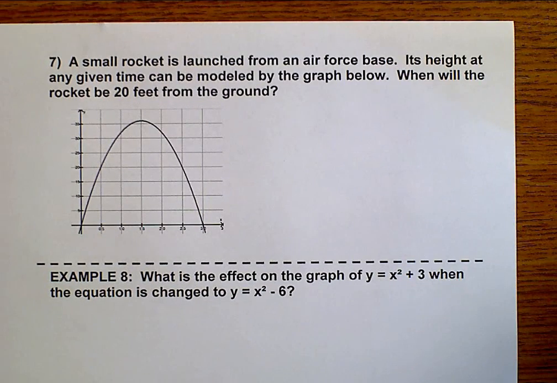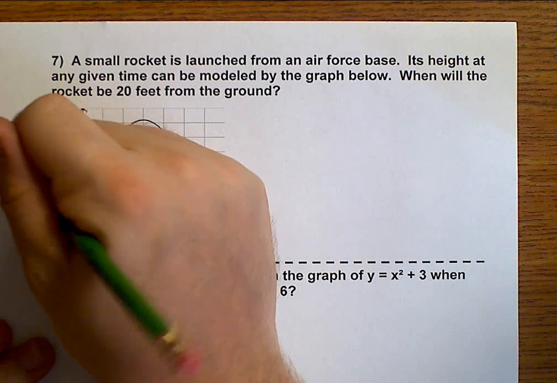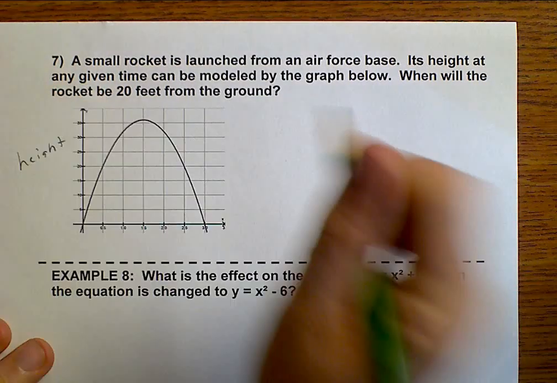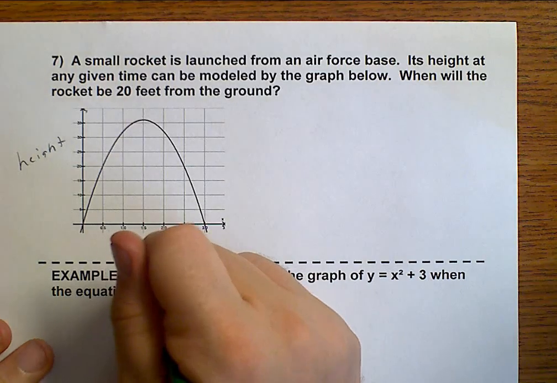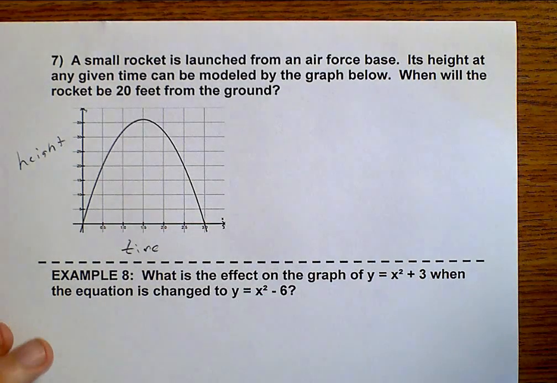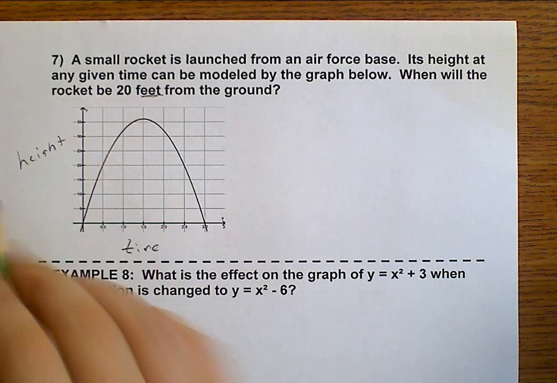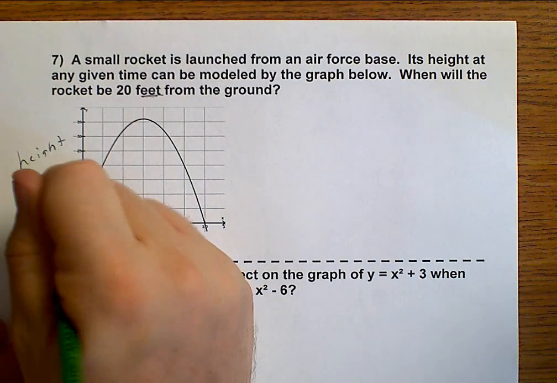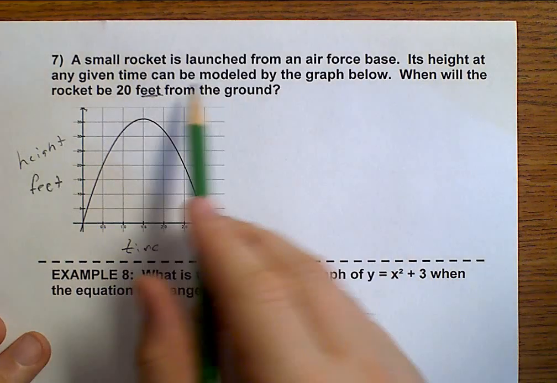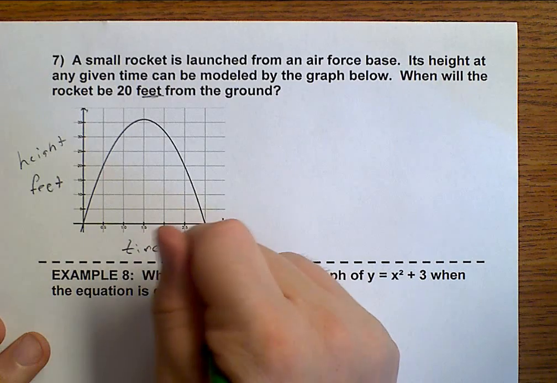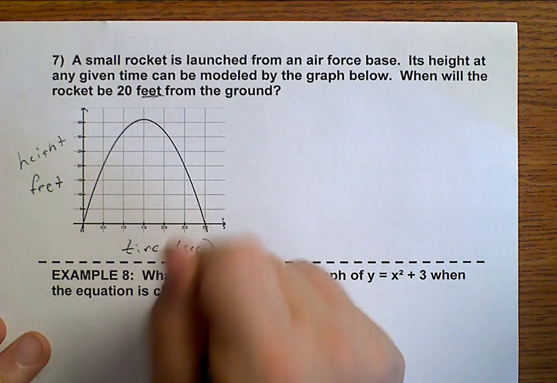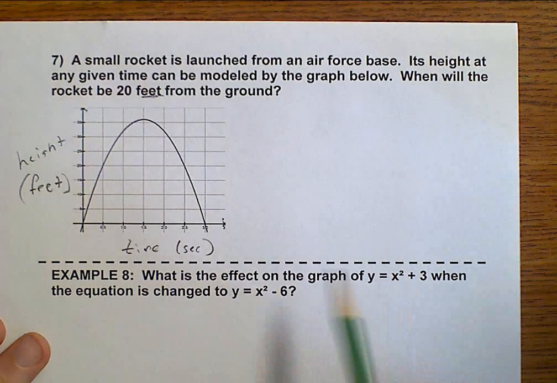Here we've launched a rocket and they have graphed it for us. We have height at time, and we know this is probably going to be feet. And time we're going to assume is in seconds because it's just a small rocket.